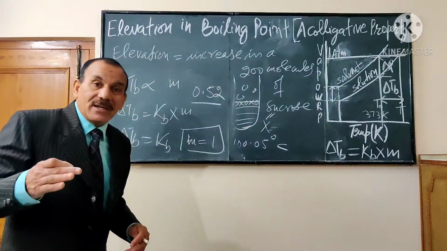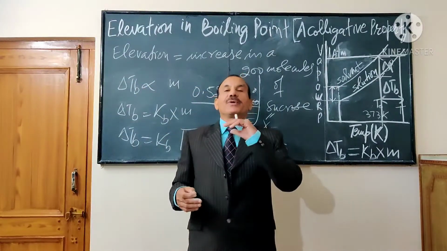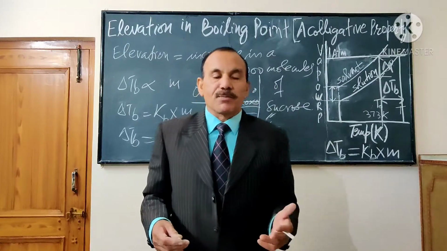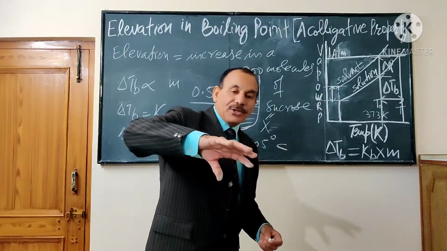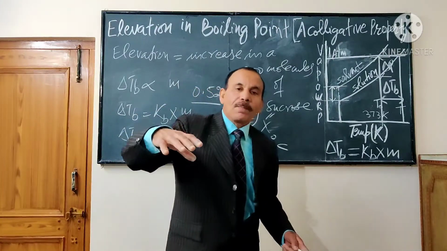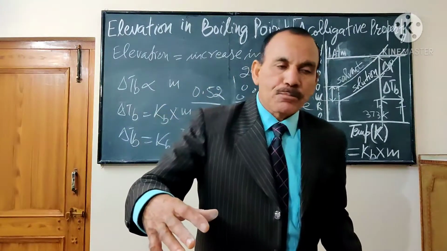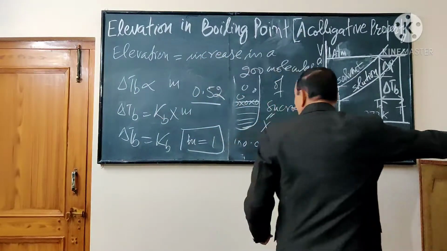Now let's define molality and a numerical which we can solve by using this property, which is a very, very important numerical. It has use in chemistry. By using this behavior, we can determine practically the molecular mass of any unknown compound.